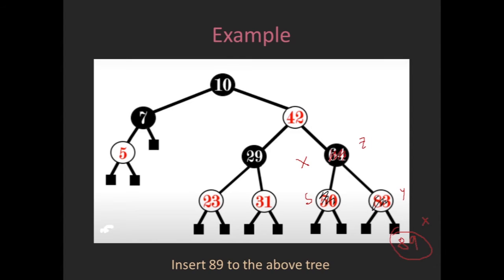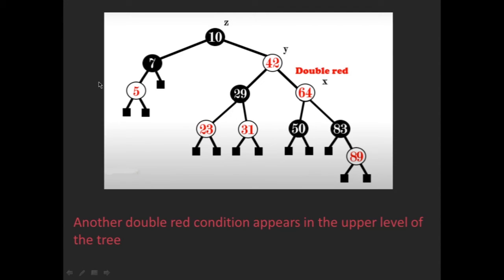So this becomes my new X, this becomes my new Y, this becomes my new Z, and this becomes my new S. So S is the uncle of this X, and we have to do the process over again. So after fixing this double red condition, we reach this step where this is the double red condition, and then we have to fix this also.